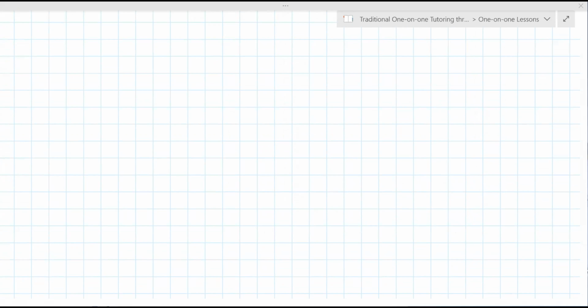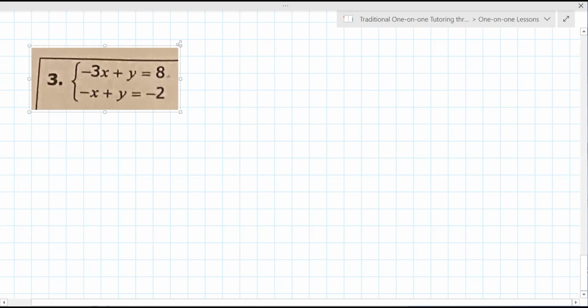Let's look at number 3. It says solve the system by graphing. They will say thou shall graph.